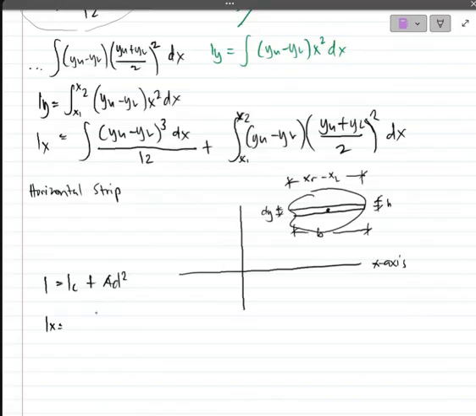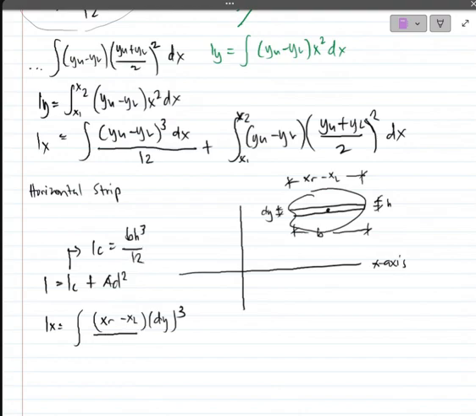So we have the base x right minus x left times our height dy cubed. We have IC is b h cubed all over 12, plus the transfer moment, we have x right minus x left times d squared.